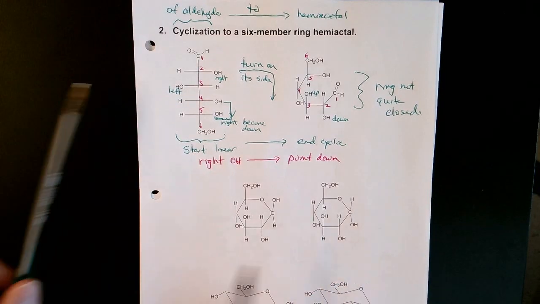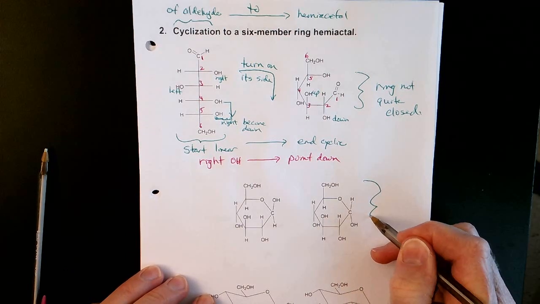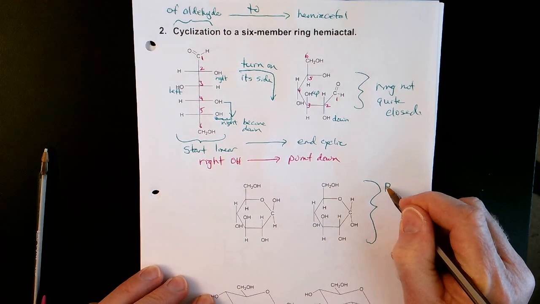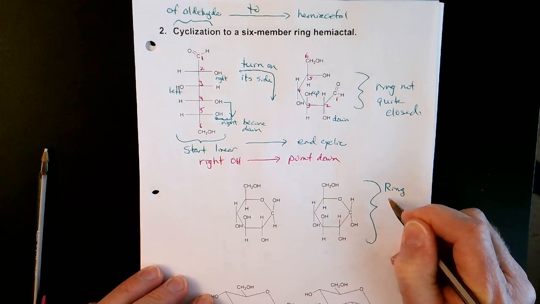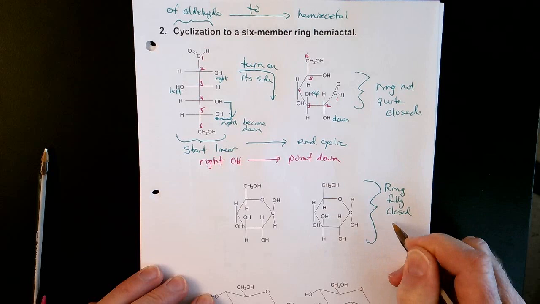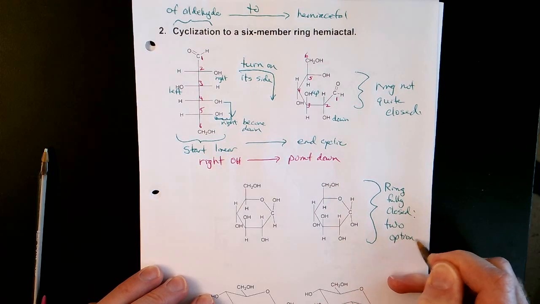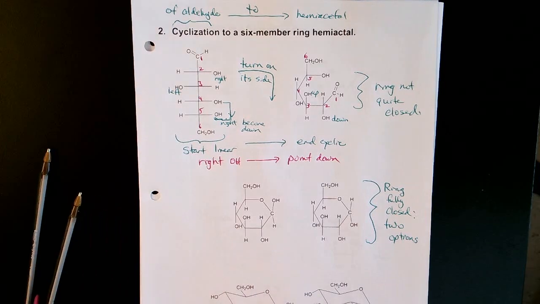So here are the two possibilities right here. This now is what you got when the ring is fully closed. There are two options. And they sure don't look very different unless you know what you're looking for.